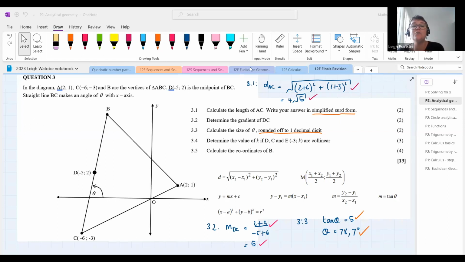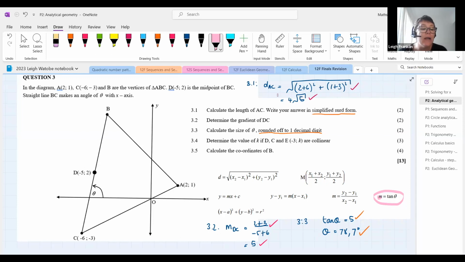Sure, Pumzile. So in order to calculate the size of an angle of inclination, you're going to use this formula over here. The letter M represents the gradient of the line whose angle of inclination you're trying to calculate.